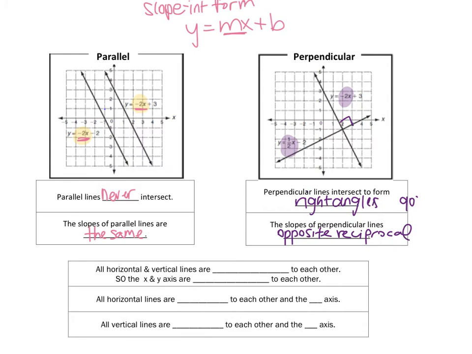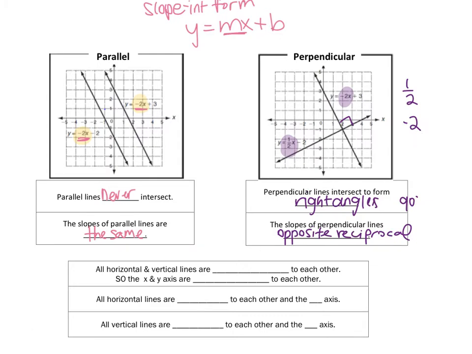Maybe? So if we have 1/2 and negative 2, okay, these are opposite in terms of one is positive and one is negative, so opposite sign. And then reciprocal is where you flip your fraction. Okay, so it's flipped upside down.